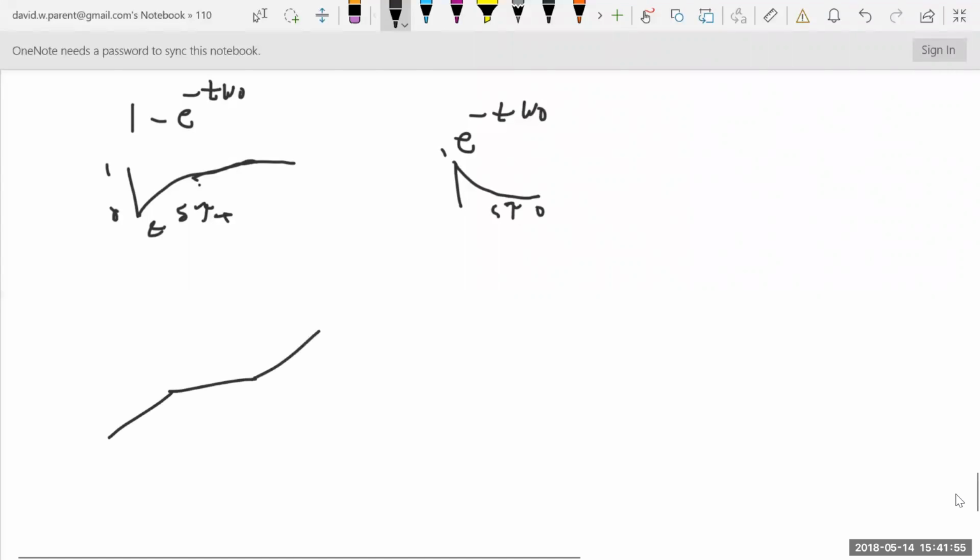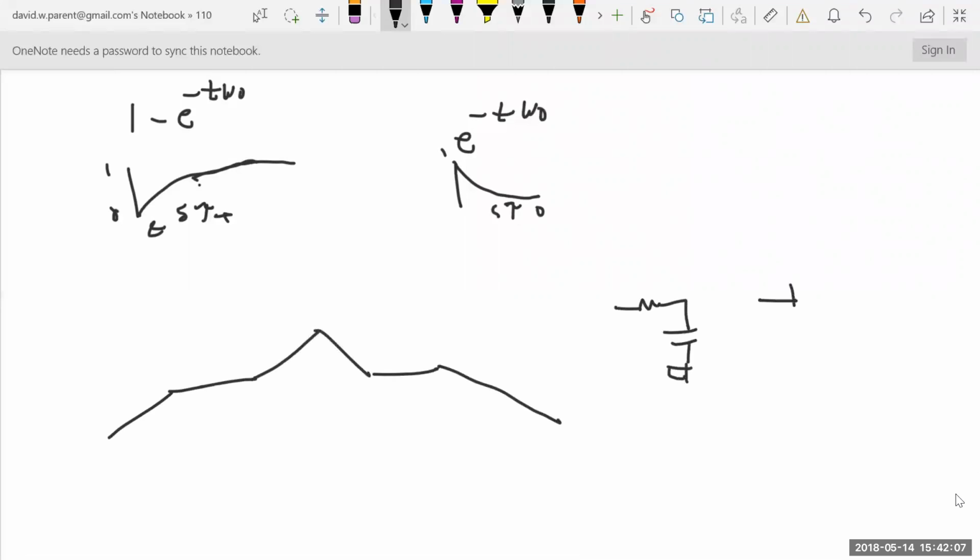Sometimes I put in these kinds of waveforms, right? Hey, what is this going to look like if I put it through a low pass? What is it going to look like if I put it through a high pass? Right? One, the low pass kind of blurs edges, takes away the corners a little bit, right?